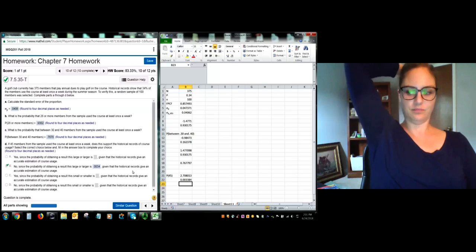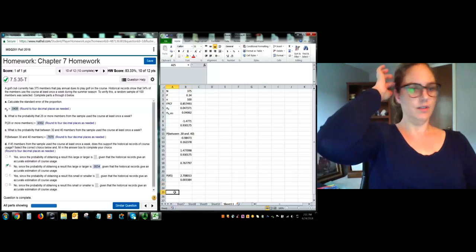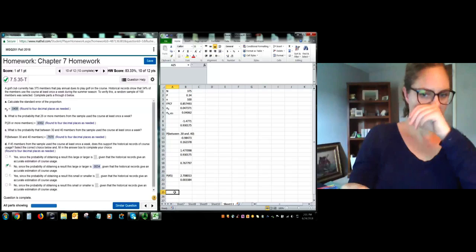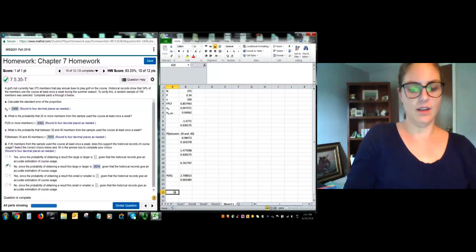So if they actually found, let's say, 20 people, then you would calculate the probability of that 20 if we know the population proportion is actually closer to 0.30, but I'm just going to illustrate something here.